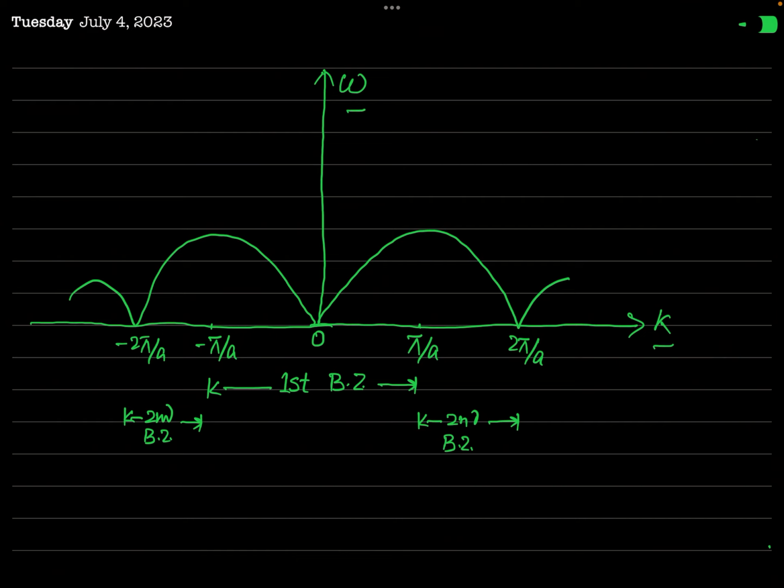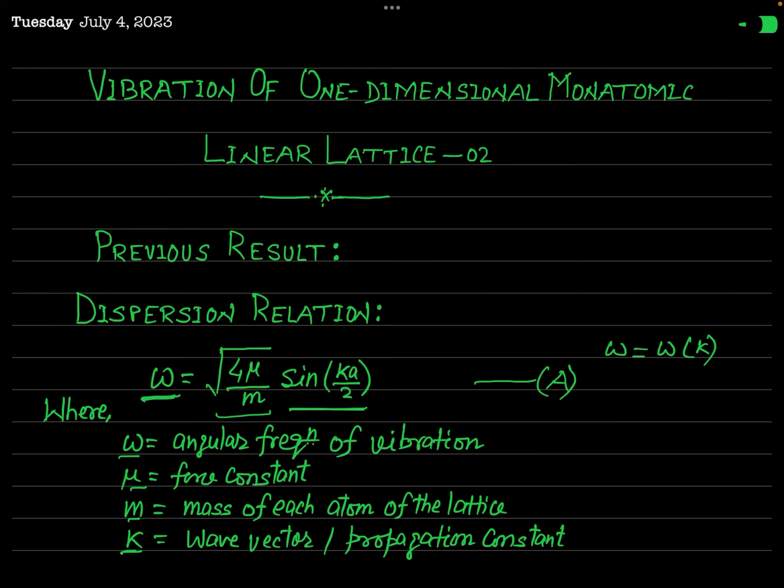Since it varies sinusoidally and omega cannot be negative, frequency is never negative, it is always positive, so the curve does not go into the negative side of omega in this figure. As you can see, when k is equal to 0, omega is 0, because there will be sine 0, and sine 0 is 0.